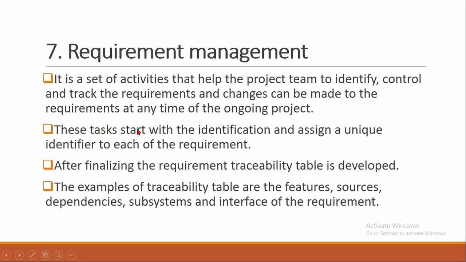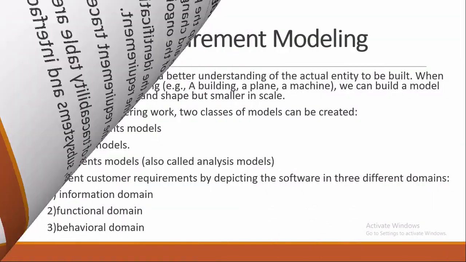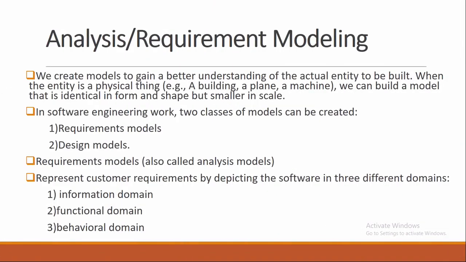Each requirement is assigned a unique ID, and a requirement traceability table is created. This table helps to track a requirement across features, sources, subsystems and interfaces. So here in requirement management, the most important part is the requirement traceability table. Yes.